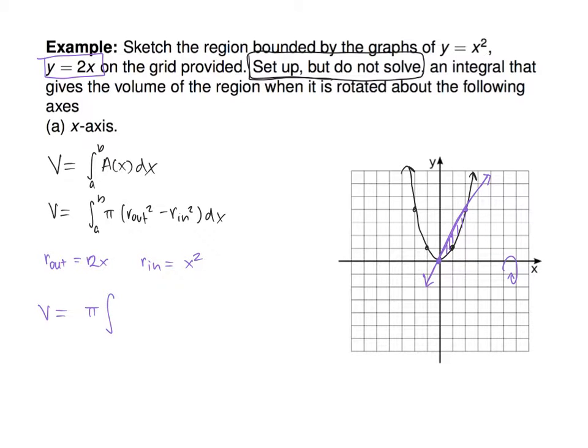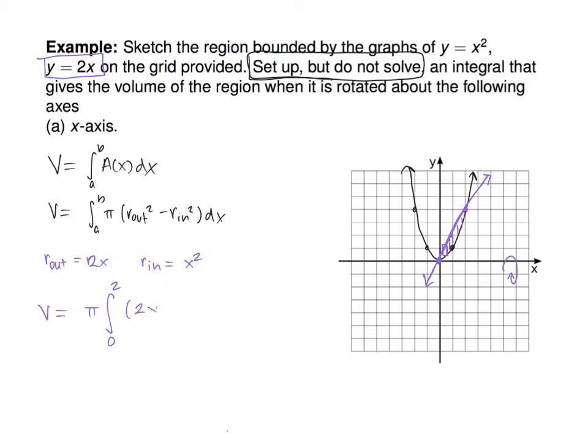Do you use x values for those bounds, or y values? X values, because you're talking about the integral in terms of x. You also can think that if you're thinking back to slices, your slices have dx's, so it's where they start to where they end. So what is the x value where they begin? 0. What is the x value where they end? 2.